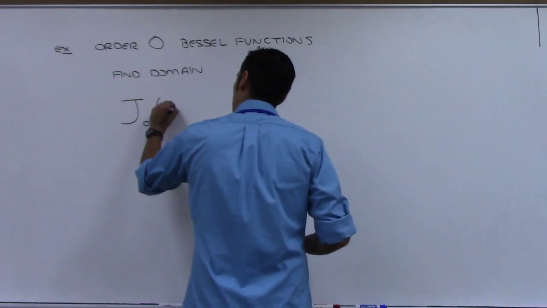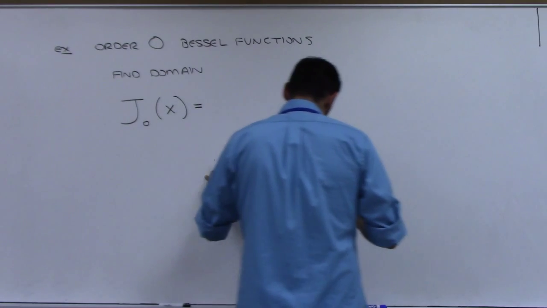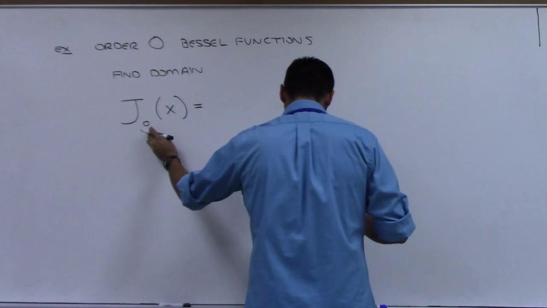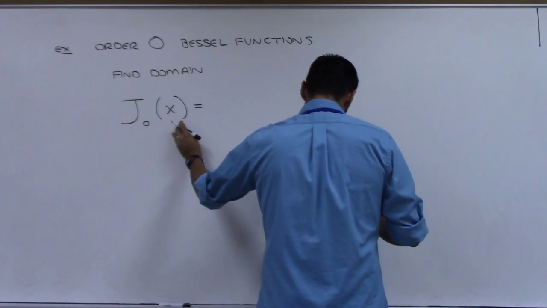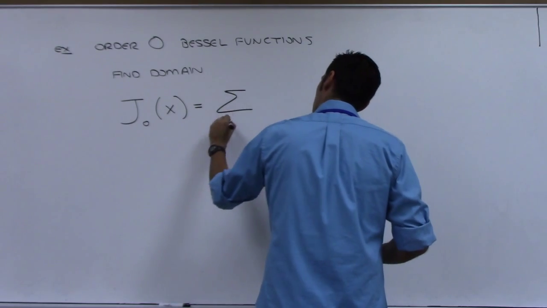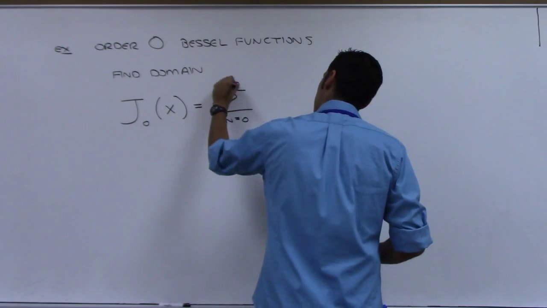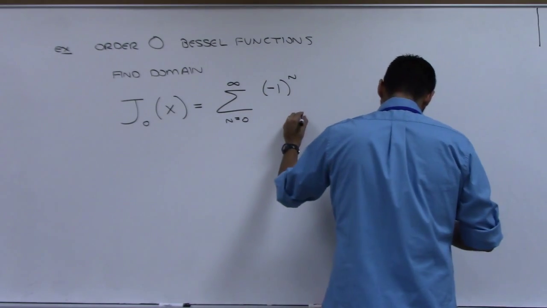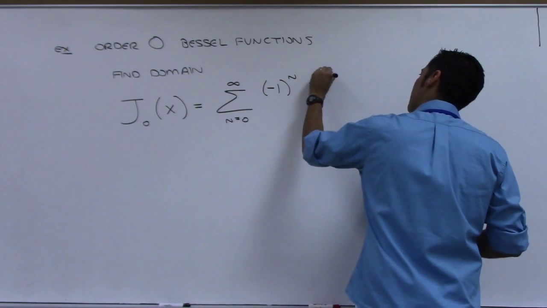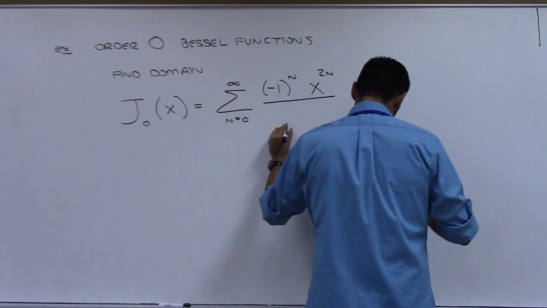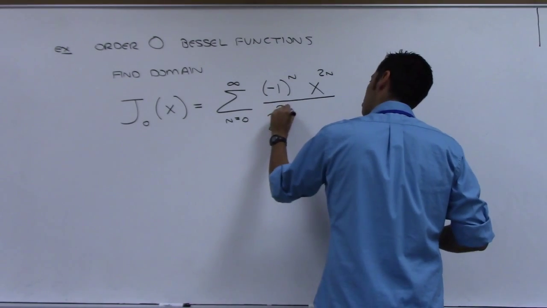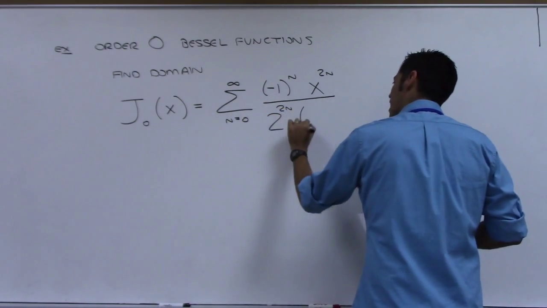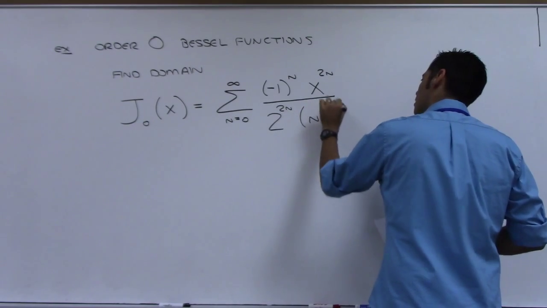So here's how we're defining the function. J sub 0 of x equals summation n equals 0 to infinity of -1 to the n x to the 2n over 2 to the 2n times n factorial squared.